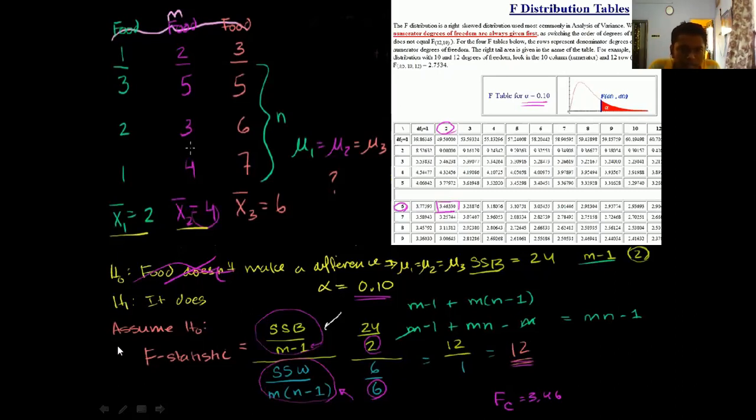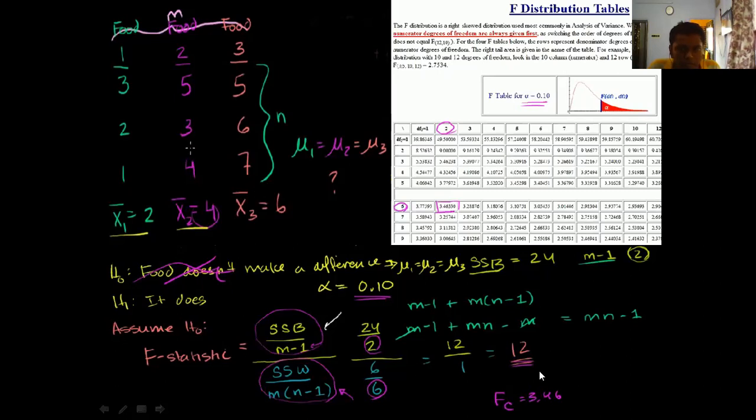So basically here by calculating the F statistic, you are comparing whether the variation between the groups is sufficiently larger than the variation within the group.